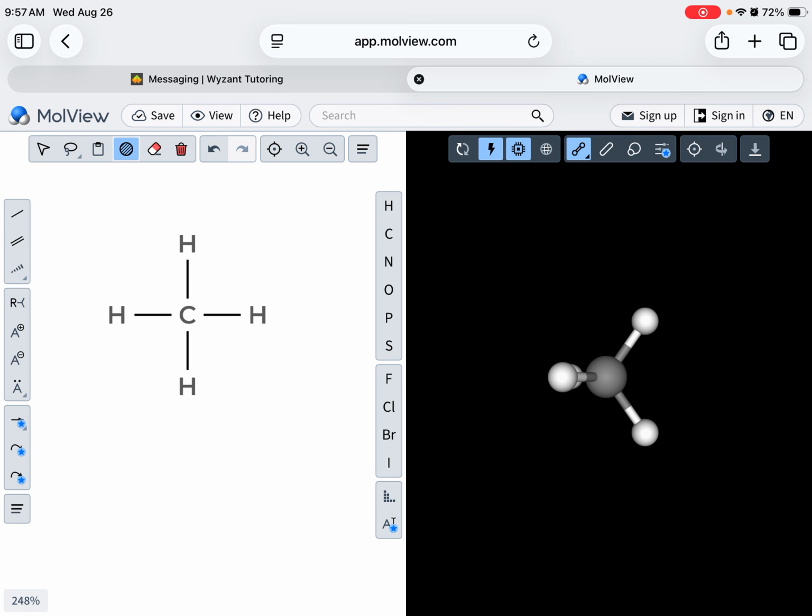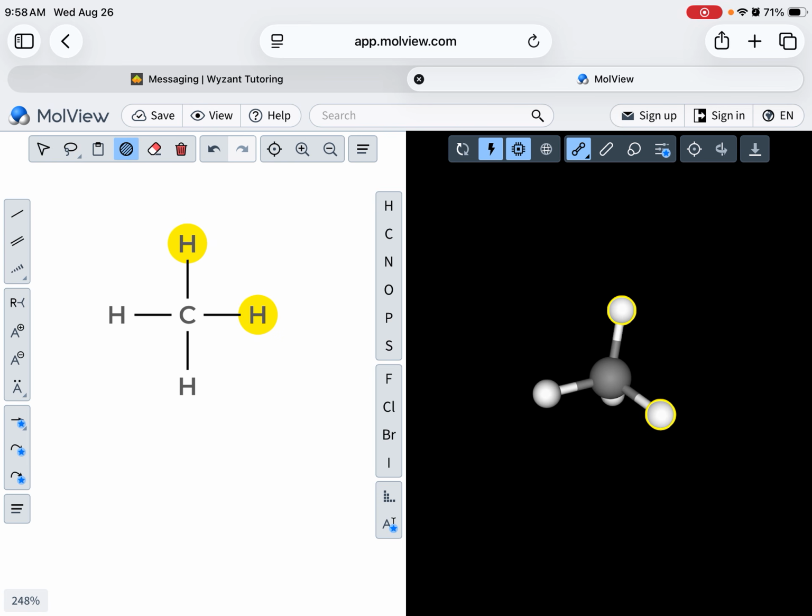So I want to highlight some hydrogens here, that one and this one. Now look at that. Those 2 hydrogens are in the same plane. If we draw a line from the very top all the way to the very bottom, you see that there's a plane of symmetry.